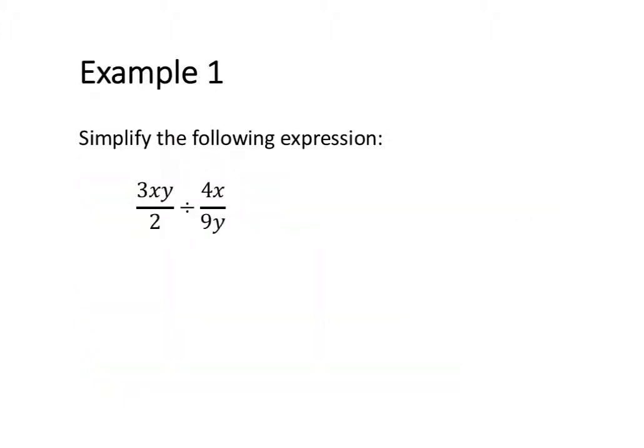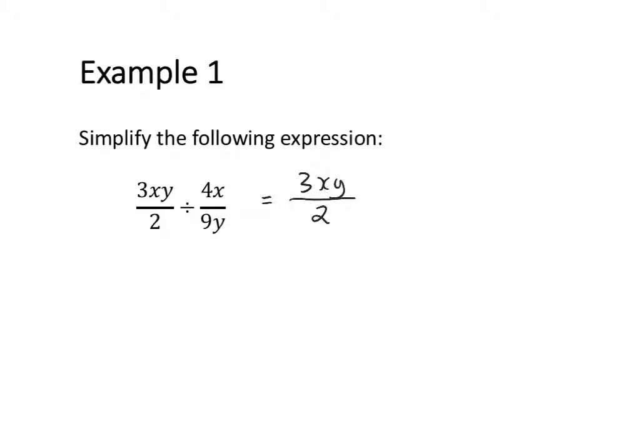In the first example, we want to divide 3xy over 2 divided by 4x over 9y. And the first step that I need to do is to complete my keep, change, and flip. So that is going to equal the first fraction I keep the same, so 3xy over 2.